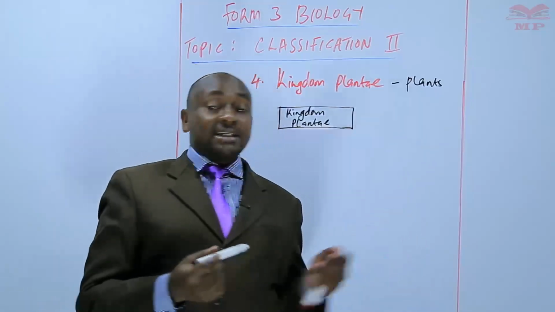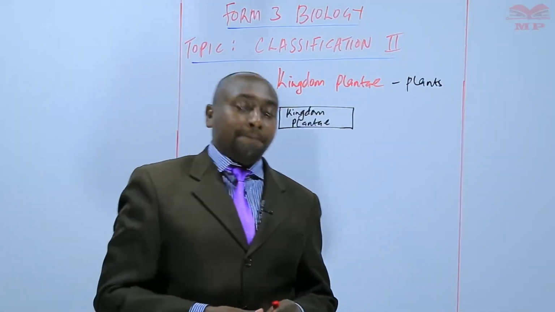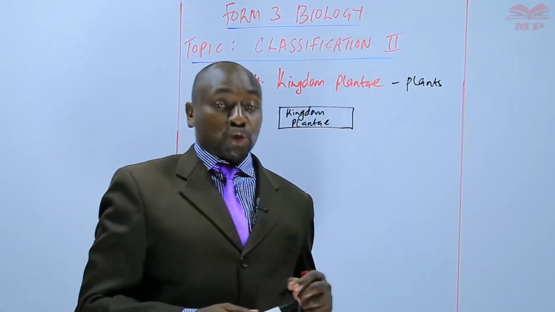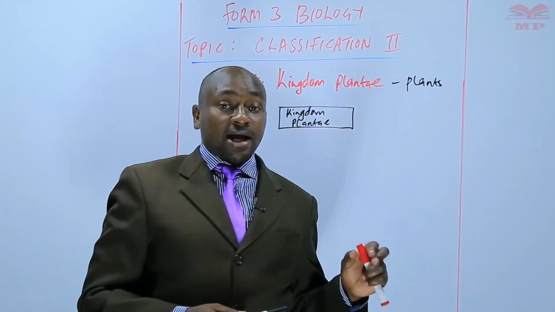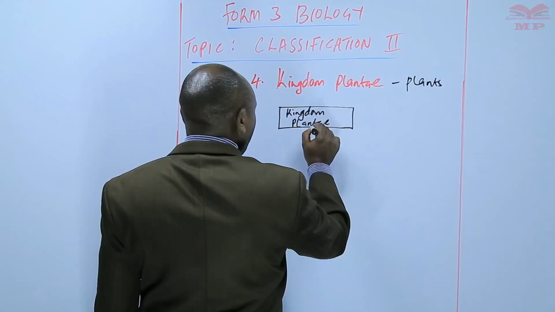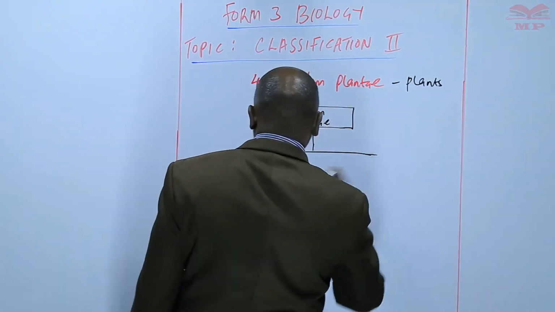In the Kingdom Plantae, we don't talk of the phylum, but instead we study divisions. So there are 3 divisions that we shall study under the Kingdom Plantae. So let's first of all have the 3 divisions emerging from there.